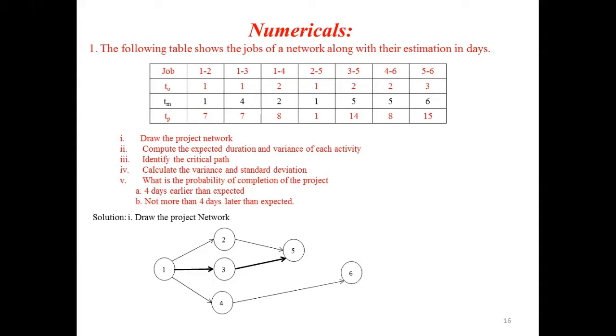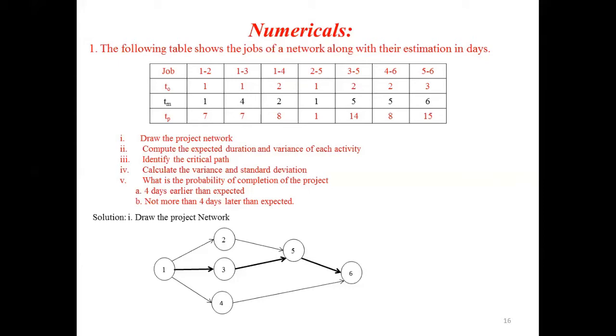Then next, they are given 5 to 6, so you have to draw 5 to 6. This completes the network drawing, as per the given data, where each activity is represented.